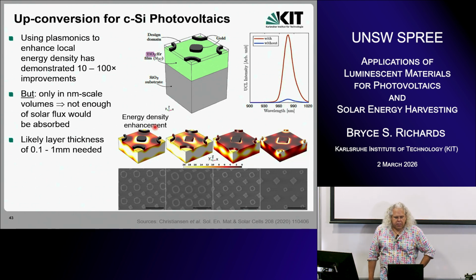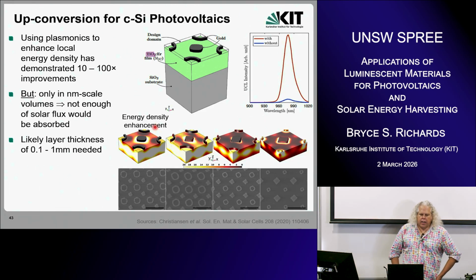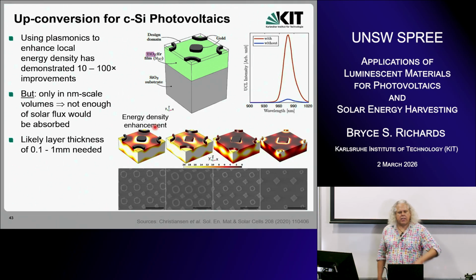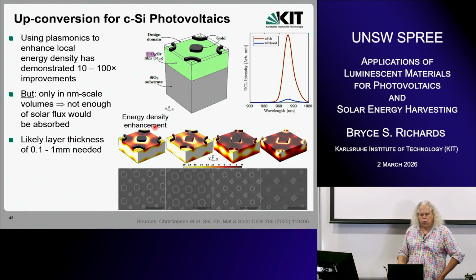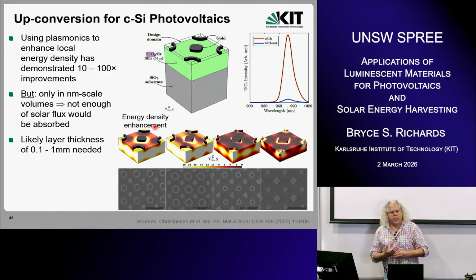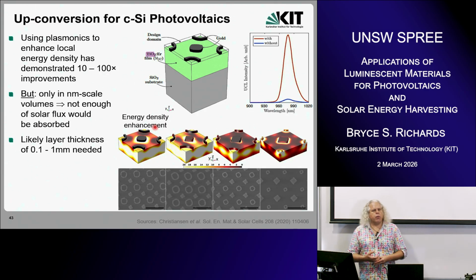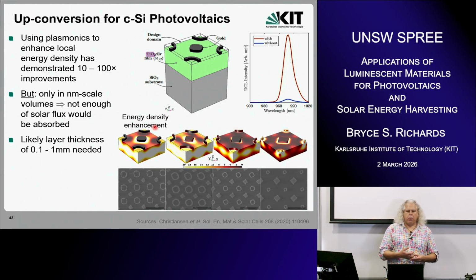Some other groups, this is coming from Peter Balling's group in Denmark, were looking at plasmonics to enhance local densities of states. They demonstrated 10 to 100 times improvements, which is quite cool. But this is all typically done on nanometer scale volumes. And I remind you, I said before that the rare earth materials were weak absorbers.